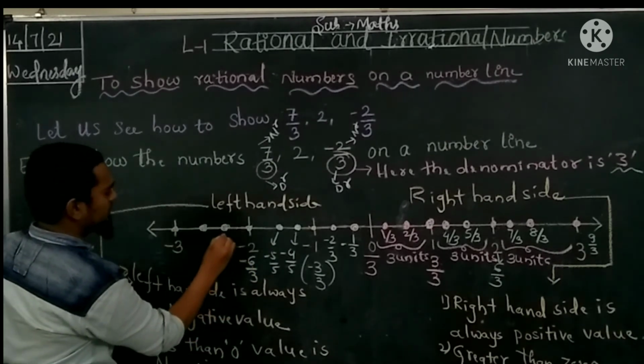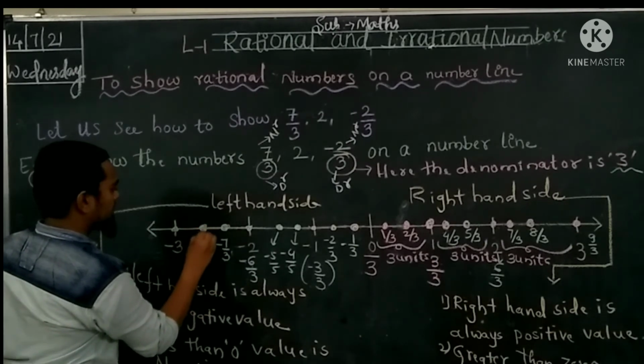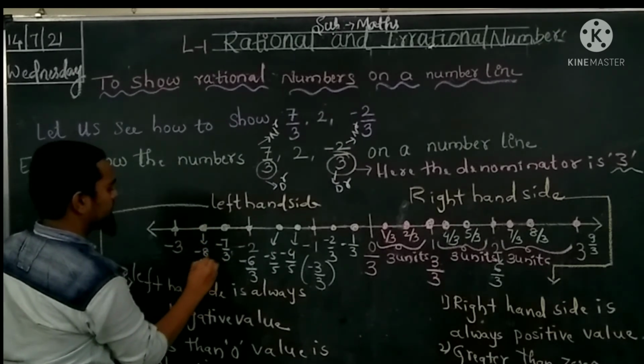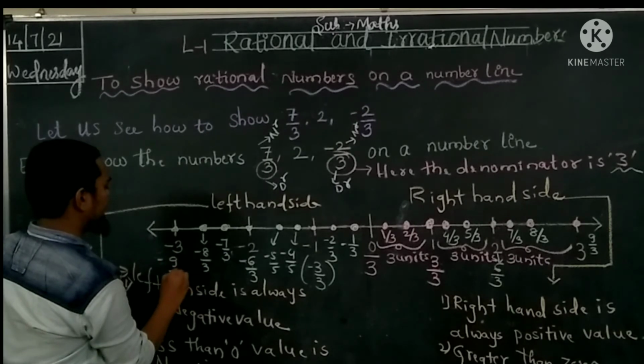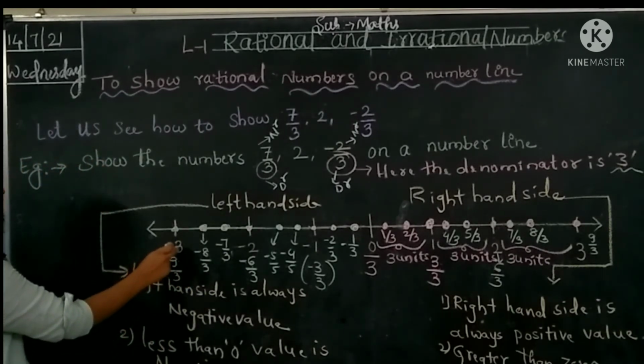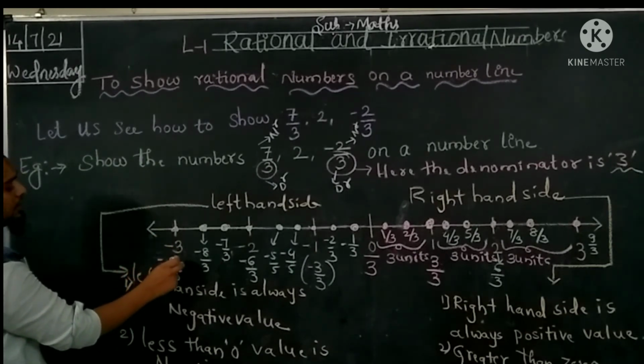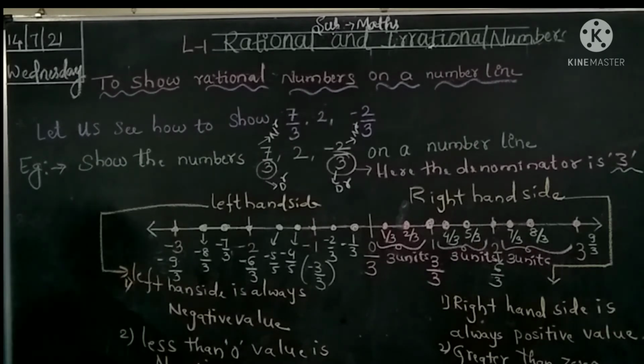Here minus 6 upon 3, then minus 7 upon 3, minus 8 upon 3, minus 9 upon 3. 3 threes are 9. Minus 9 upon 3 is minus 3.